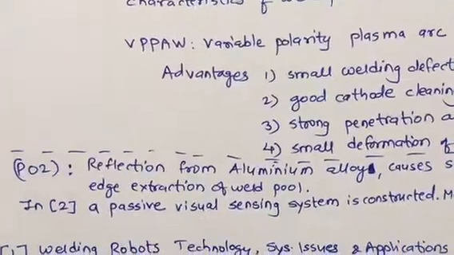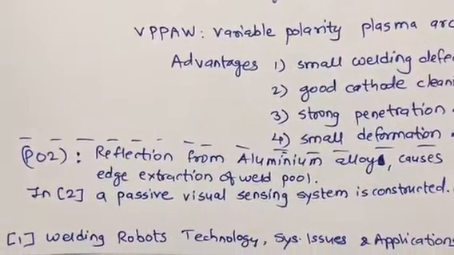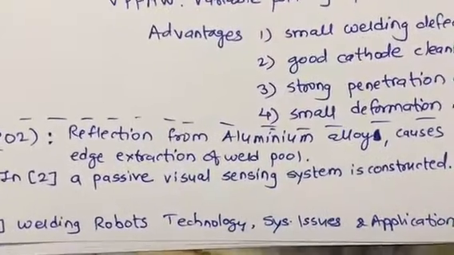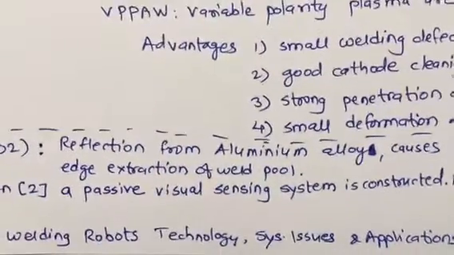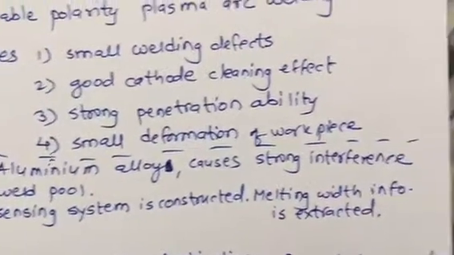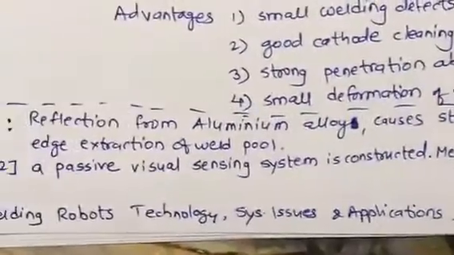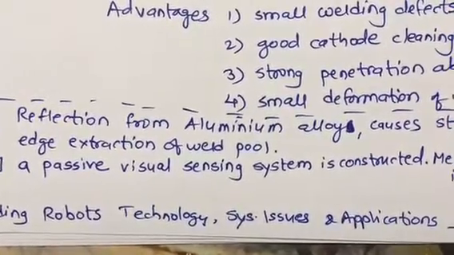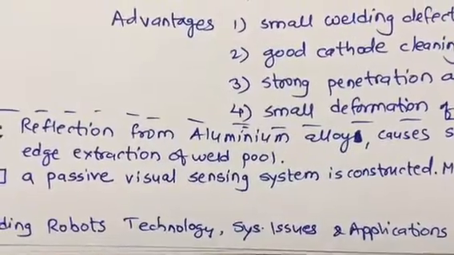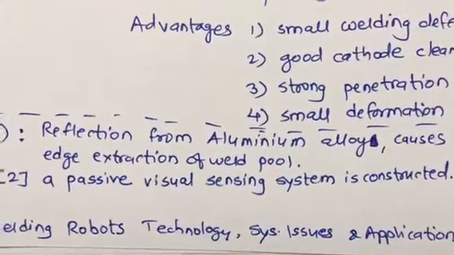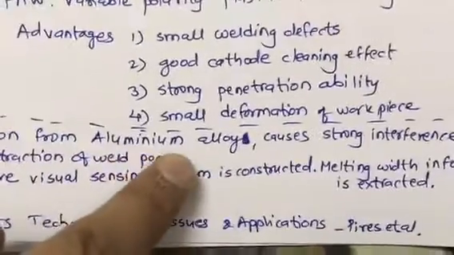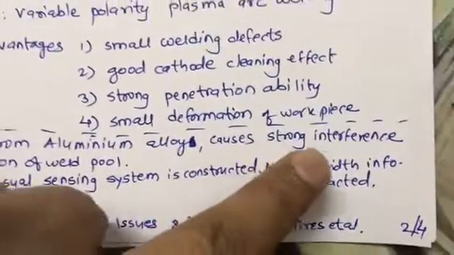Now let us look at program outcome number 2, that is problem formulation. The author says that in the earlier published literature, reflection from aluminum alloy causes strong interference in edge extraction of weld pool. I will repeat this statement because it is a complex statement. The author says that in the earlier published literature, reflection from aluminum alloy causes strong interference.